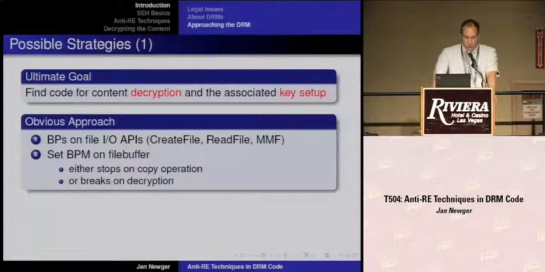The obvious approach from a debugger perspective would be to set some breakpoints on common system I/O APIs under Windows, like CreateFile, ReadFile, or memory mapped files. Then you would probably set a breakpoint on memory access on the file buffer. Whenever this breakpoint triggers, it means it's either a copy operation or you're probably very near the actual decryption algorithm.